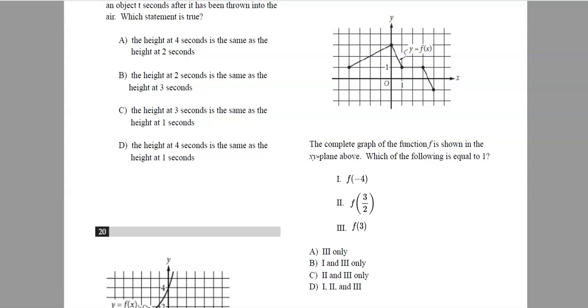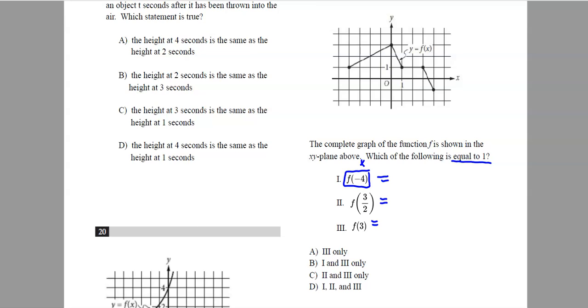So it says the complete graph of the function f is shown in the xy plane above. Which of the following is equal to 1? Now, this is a y value. So they want to know which one of these guys are equal to 1. Well, let's go through and figure out what they all equal. So f of negative 4, remember these are x's.